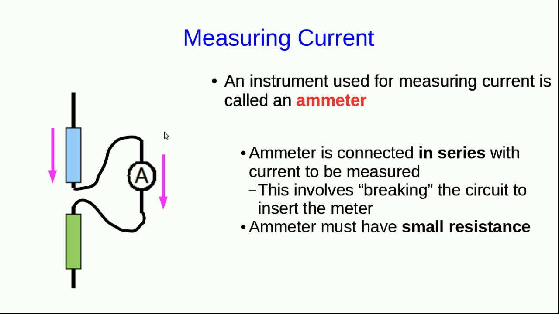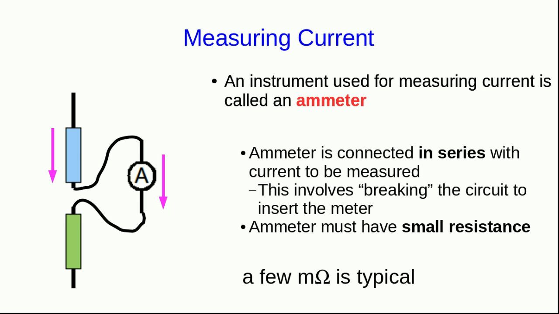We deal with that by ensuring that an ammeter has a very small resistance, and so it has a negligible effect on the current. Fairly typically, ammeters have resistances in the range of milliohms.